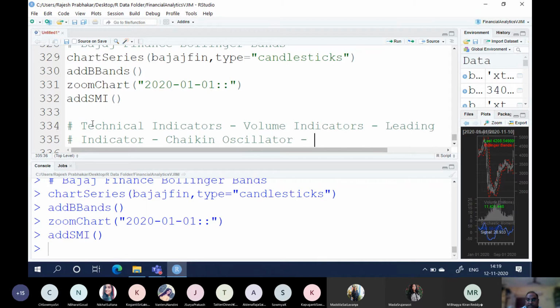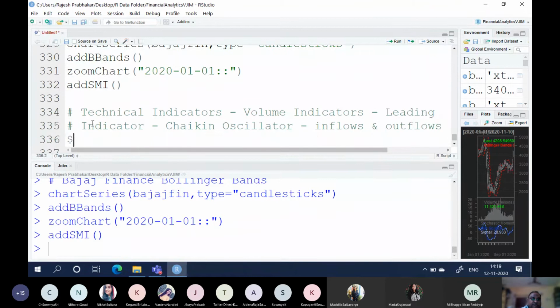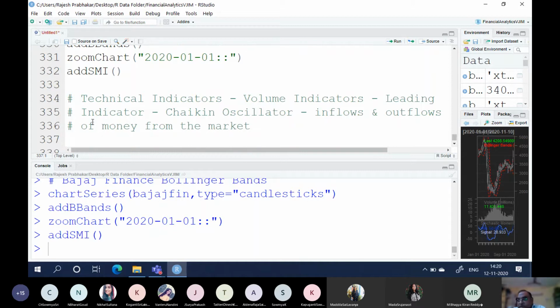So it gives you the inflows and outflows of money from the market. How the money is flowing in and how the money is going out is what the Chaikin oscillator will do.